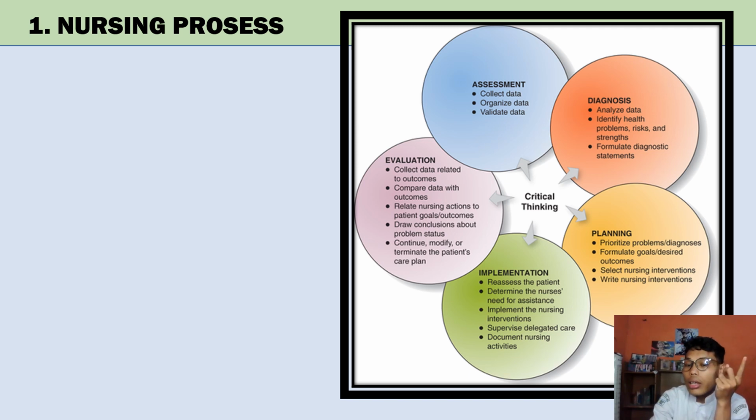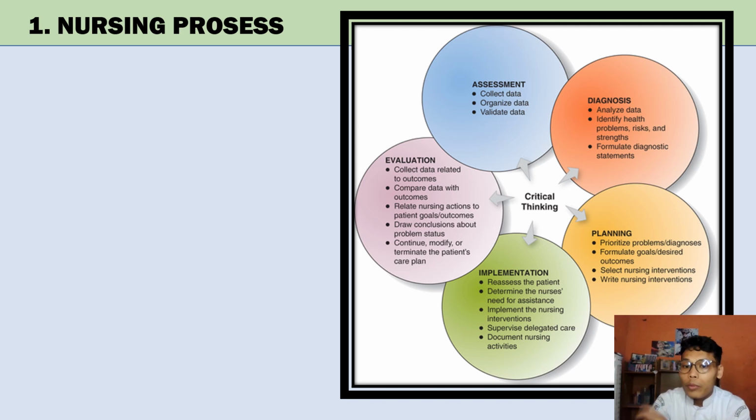And the last one is evaluation. It's very important. A nursing process without evaluation is nothing. For the evaluation, we must collect data related to the outcome. If we do not relate to the patient, it can be dangerous, or we might get the wrong patient.